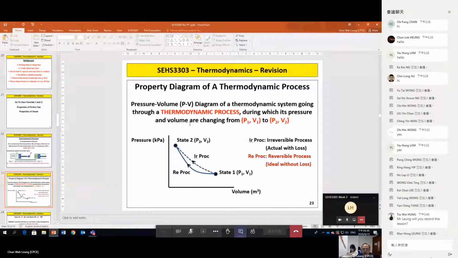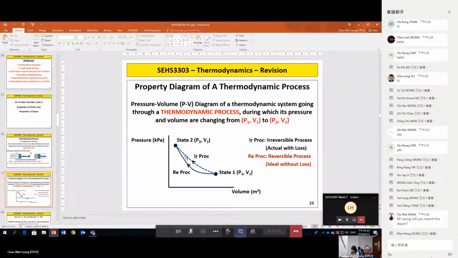You cannot get all this loss back. Therefore, an actual process always has loss, and we call the actual process an irreversible process. That means it cannot be reversed back. And to represent an irreversible process, we always use a dotted line.